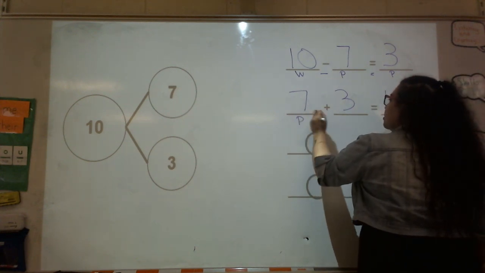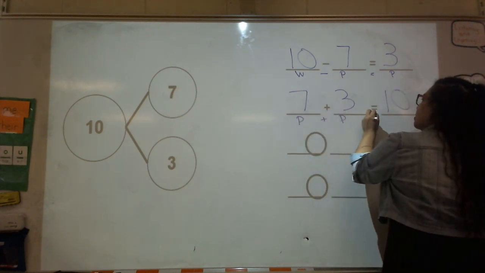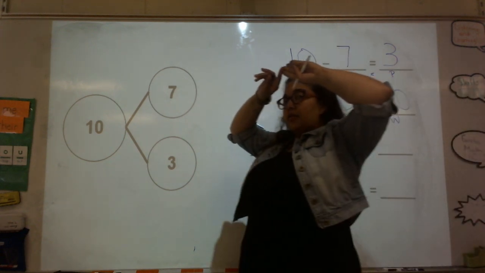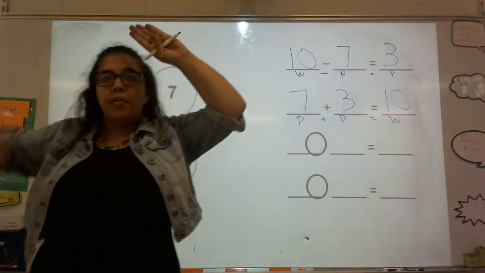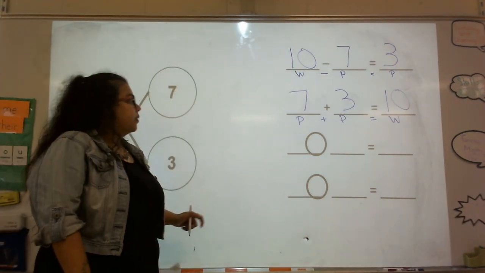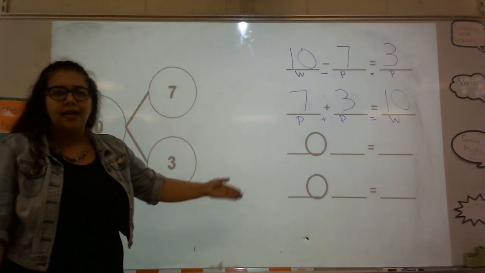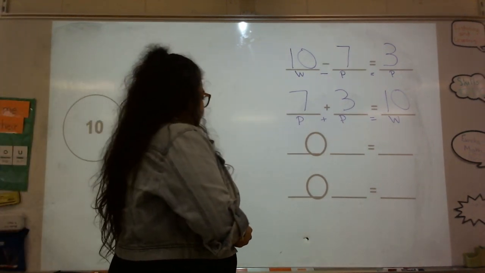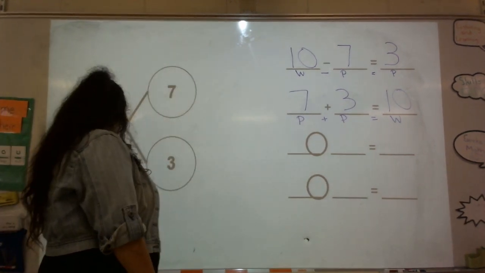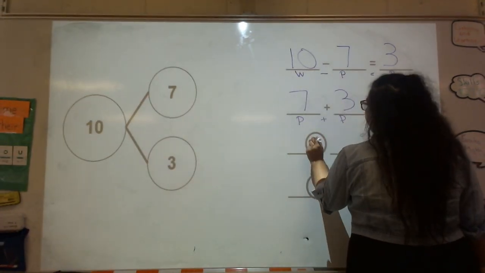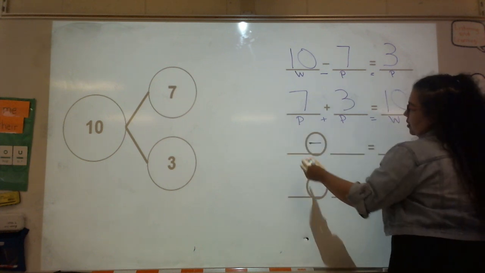Adding part plus part equals the whole. Subtracting whole minus part equals the part. Are we done? No, there's still blank spaces. Clearly, I'm not done. There's more work to do. So this time, we are going to do the other subtraction sentence that comes from this number bond.